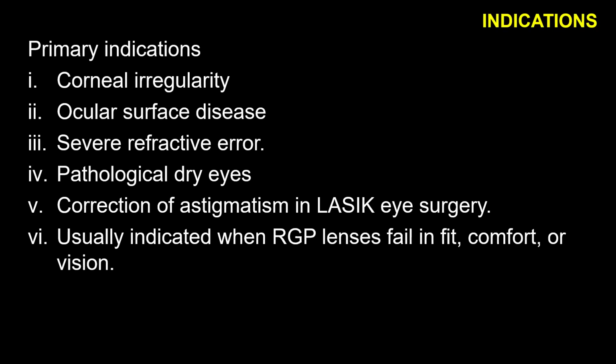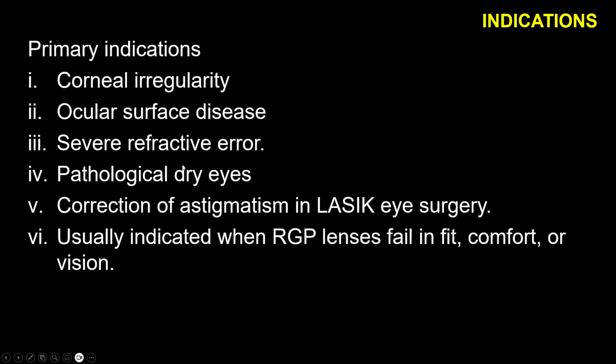In conditions where the cornea integrity is compromised, it's also recommended to give the patient an option of having scleral contact lenses. So in most cases where you have cornea warpage, cornea irregularity, cornea distortion, your best bet is scleral contact lenses, especially where RGP fails.